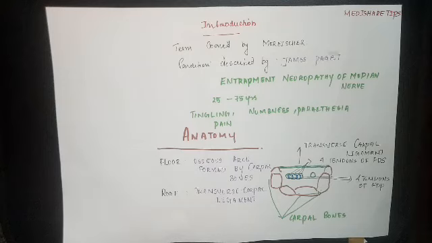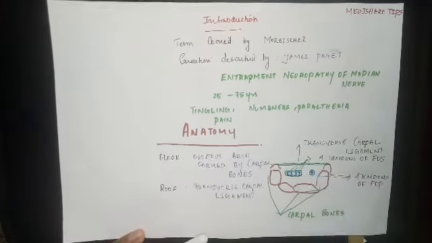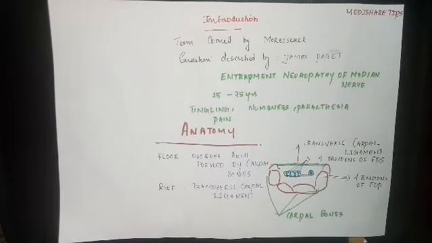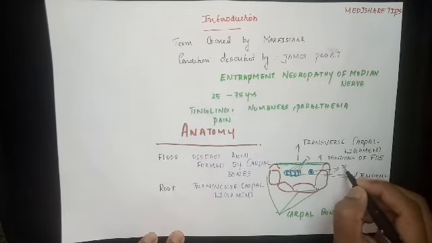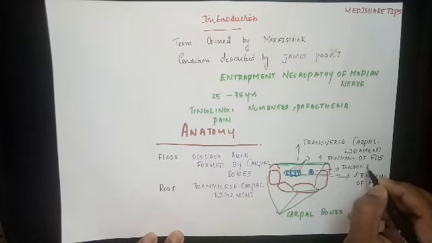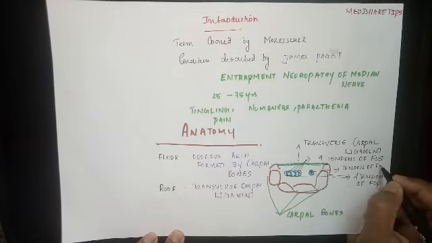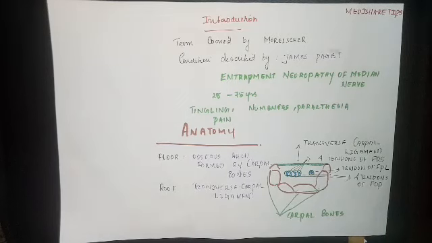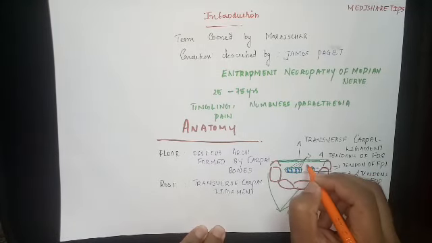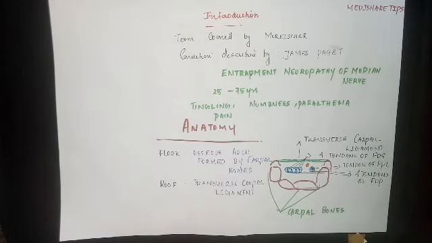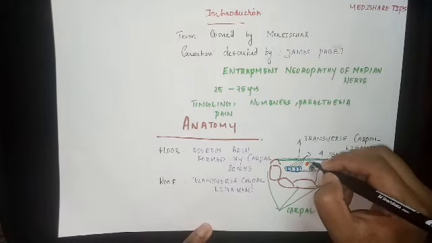The tendon of flexor pollicis longus is enclosed in a separate sheath. This is the tendon of flexor pollicis longus, and we have the median nerve as the content of the carpal tunnel.